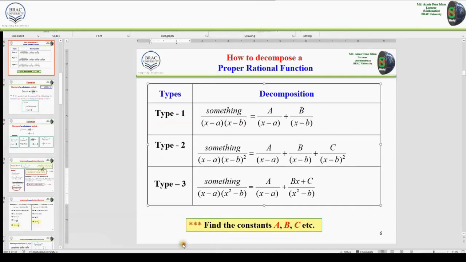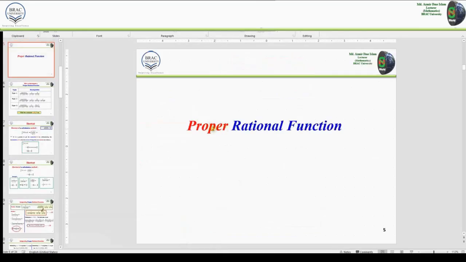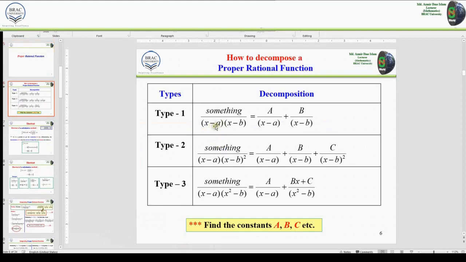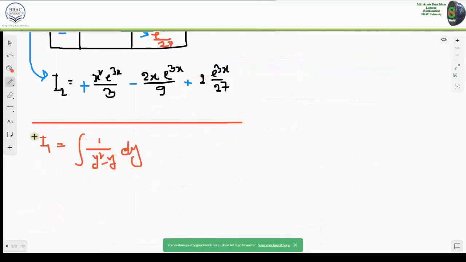So now have a look at the concept of proper rational function. We can use partial fraction to decompose, and it is going with type 1 because we need to find the factors at first. If we have a proper rational function, at first we have to find the factors.